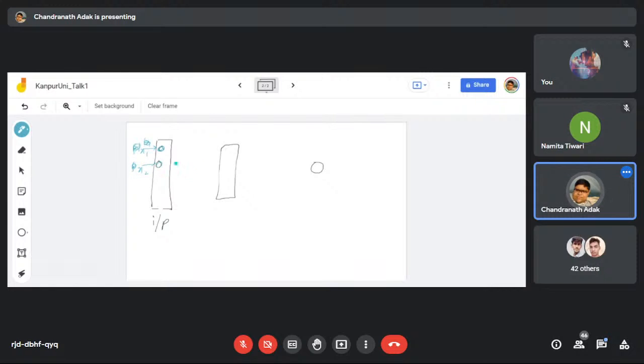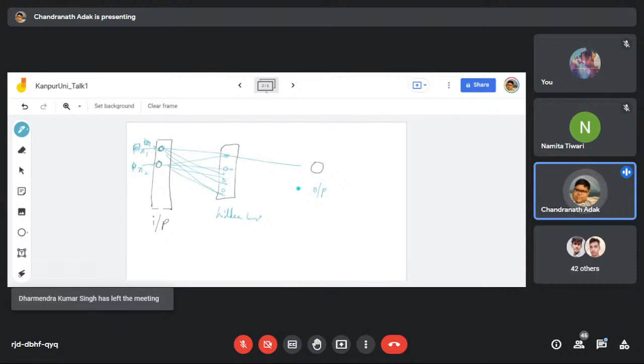These are the input features. After that I add another layer, which we call the hidden layer. Multiple nodes are also possible, and all of these are connected. After that, I put an output layer.